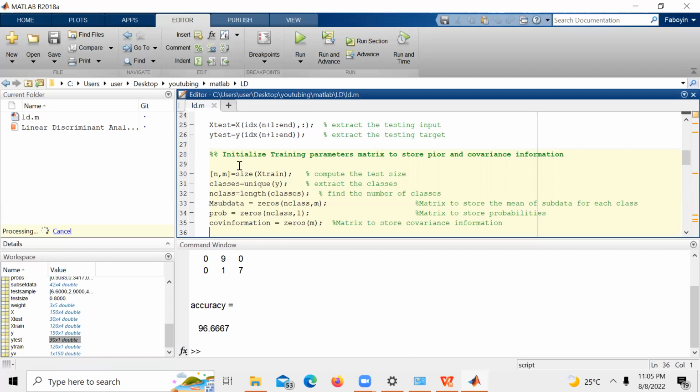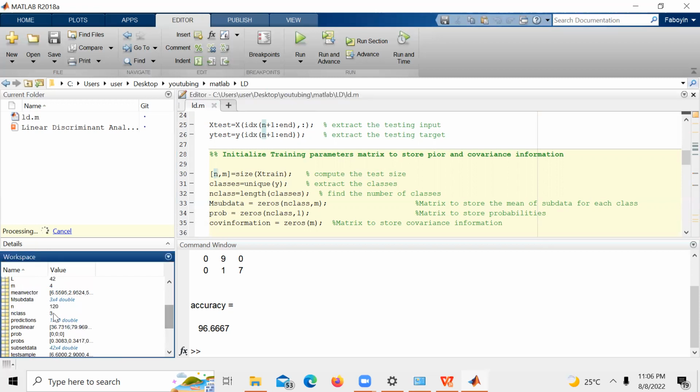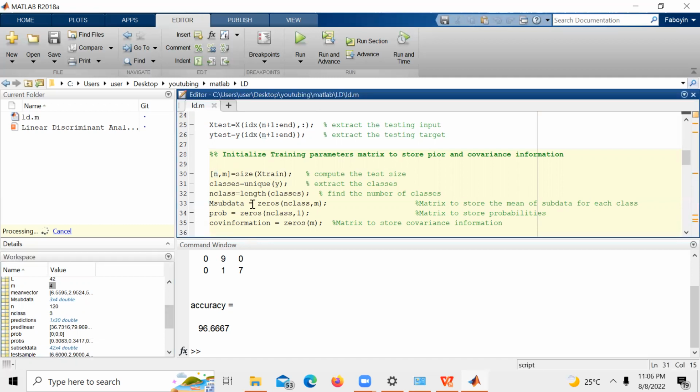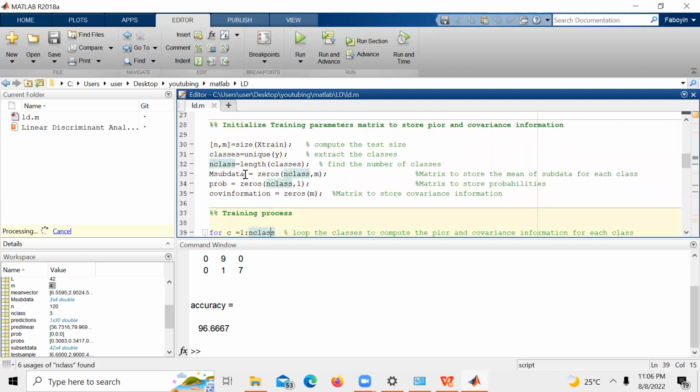So we first get the training dimension, m and n. n is definitely the total number of records in the training set, which is 120. So you can see that n is 120 and m is 4, the 4 features or attributes in our data set. So what we do is initialize a particular matrix to store the mean of the subset data for each class.